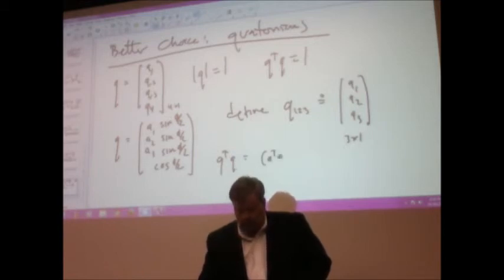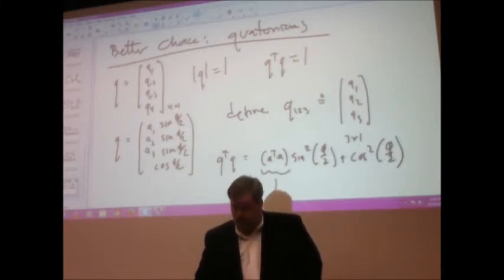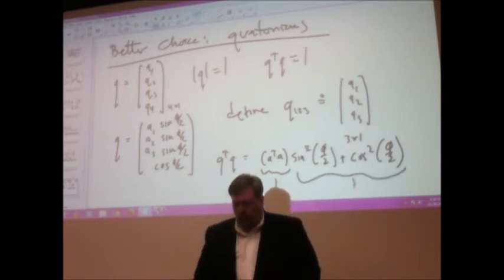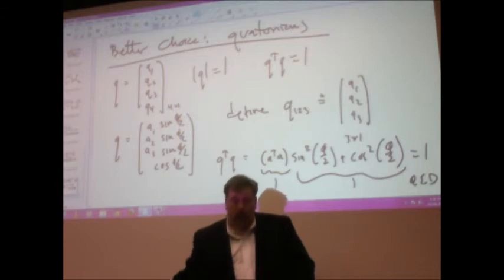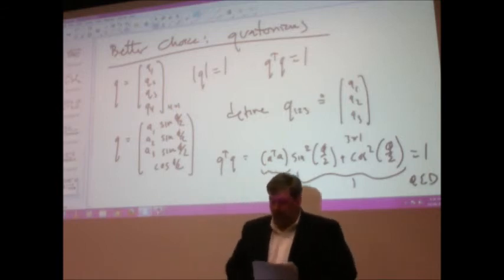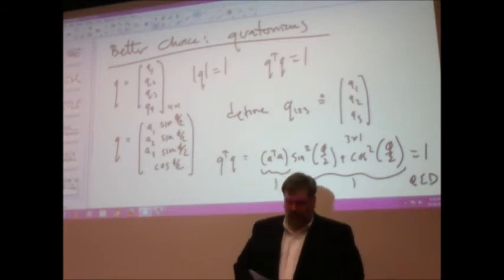I get a transpose a times sine squared of phi over 2 plus cosine squared of phi over 2. Well, a transpose a, remember a is a unit vector, that's just 1. Then I have sine squared plus cosine squared, that's 1. So q transpose q is 1, which is what we wanted in the first place. So in fact, that does equal 1 no matter what, by definition.